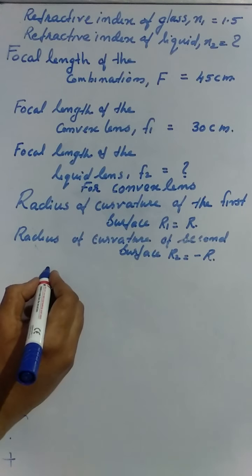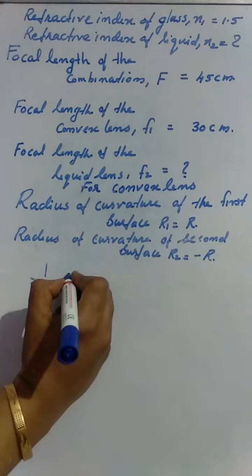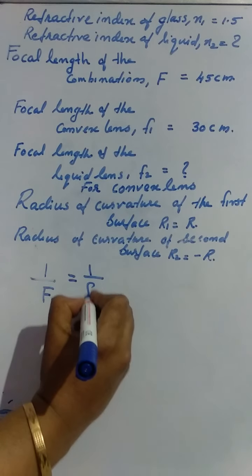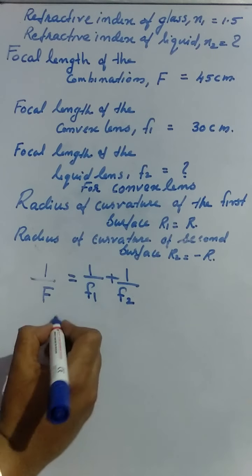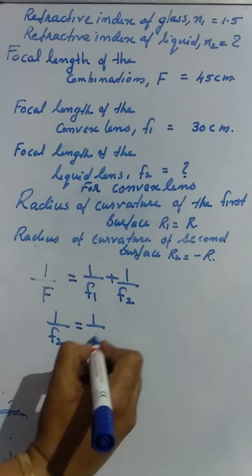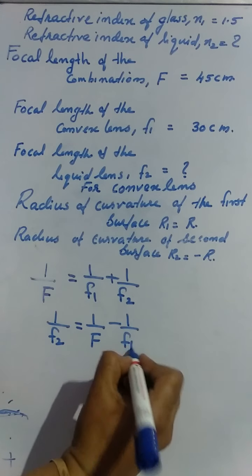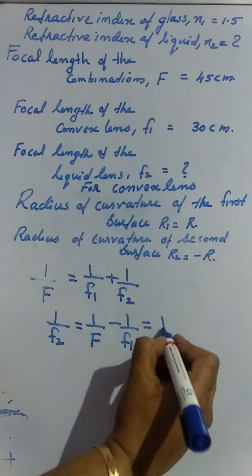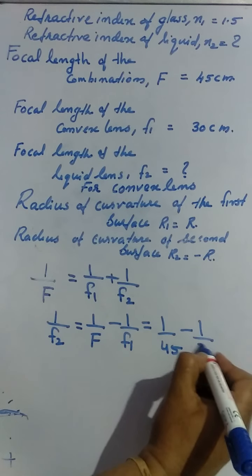So we know the formula for a combination of lenses, 1 by F is equal to 1 by F1 plus 1 by F2. From this formula you can calculate 1 by F2 is equal to 1 by F minus 1 by F1, that is 1 by 45 minus 1 by 30.